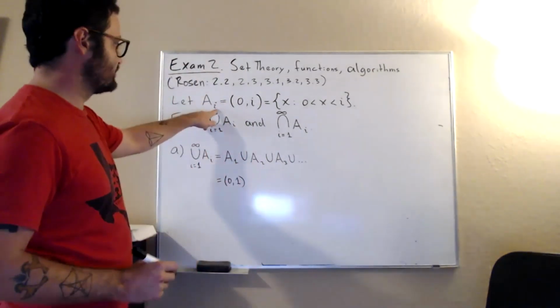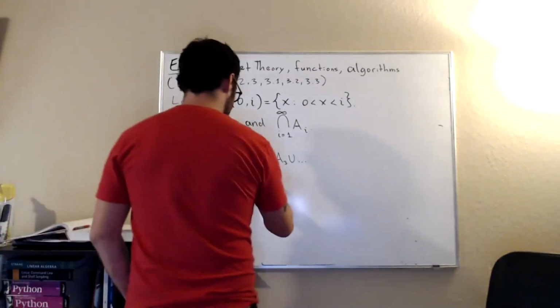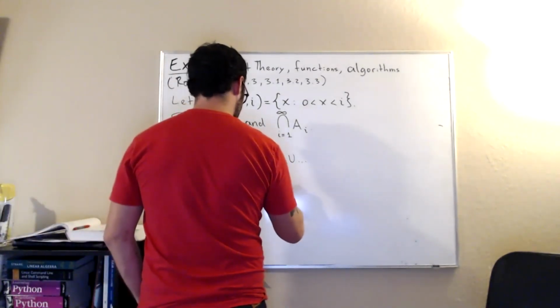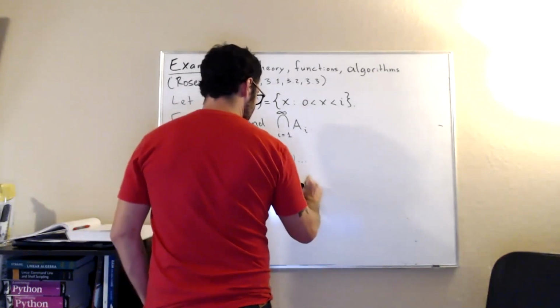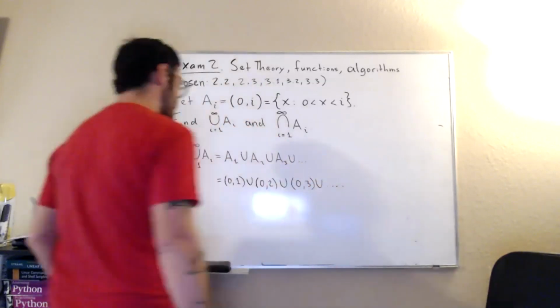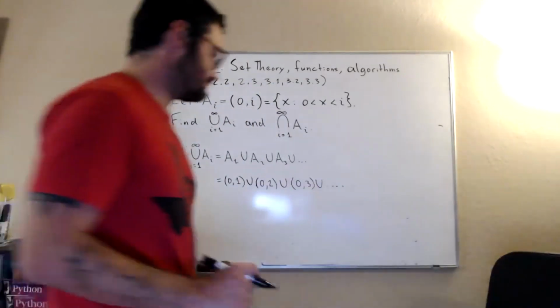You just put a 1 there. And what is A2? It's the open interval from 0 to 2. What's A3? It's the open interval 0 to 3. You keep on going. So what does this union end up becoming?